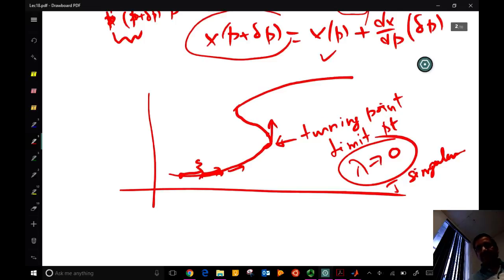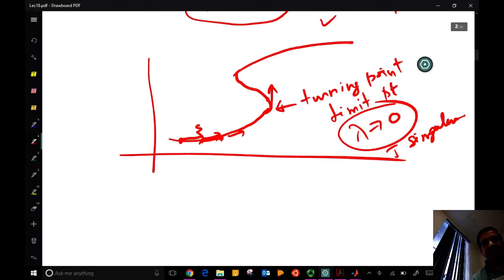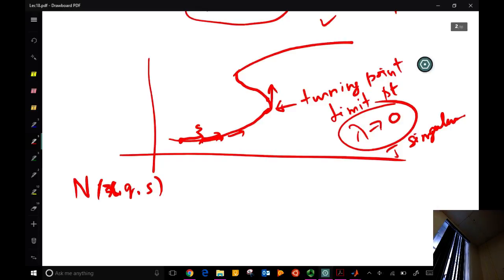So his definition of arc length, there are a couple of variations. So this is my third equation in this case. He calls it n, another equation. That equation is actually a function of x, q and s. X is my state vector of all the unknowns. Q is the parameter, which I made an unknown.